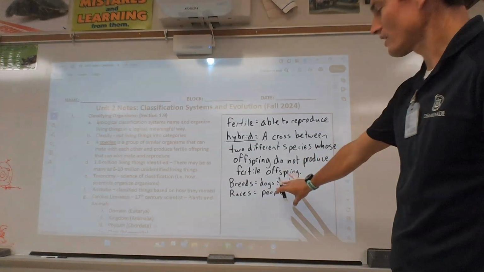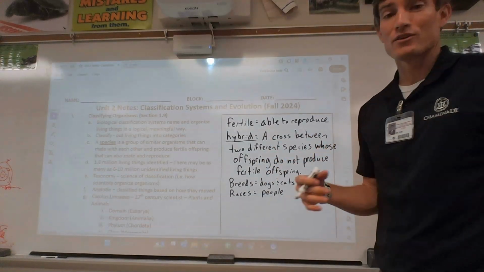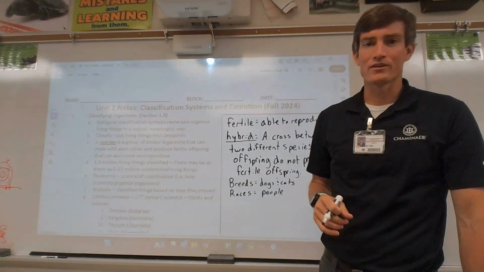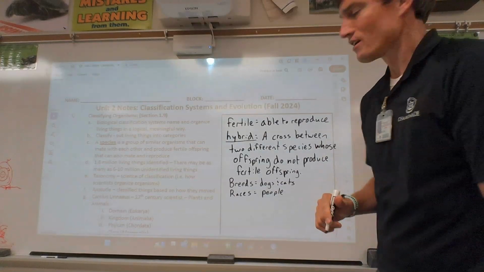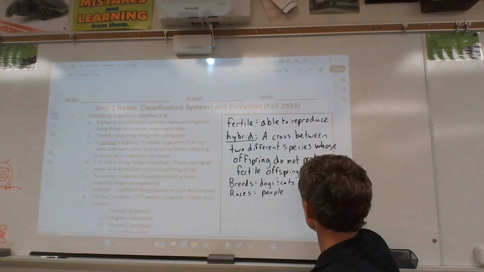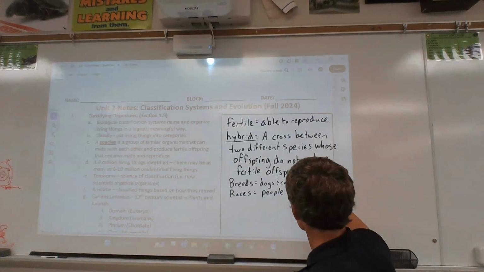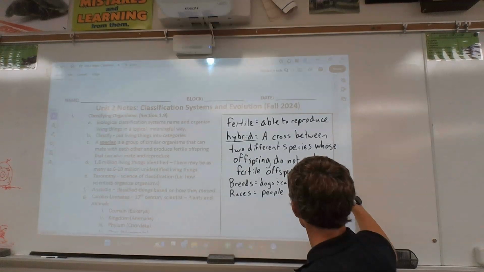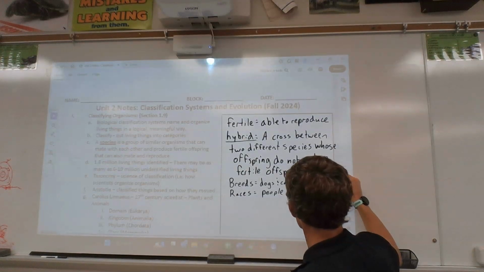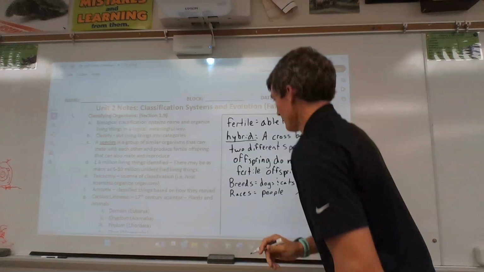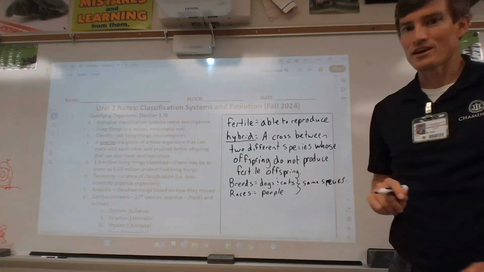So this is very different from a hybrid or anything else. All the human species, we all fall into the category of being Homo sapiens. So these are not the same thing as a hybrid. They relate to organisms that are all in the same species within their own category. I'm not saying cats and dogs and people are all the same.